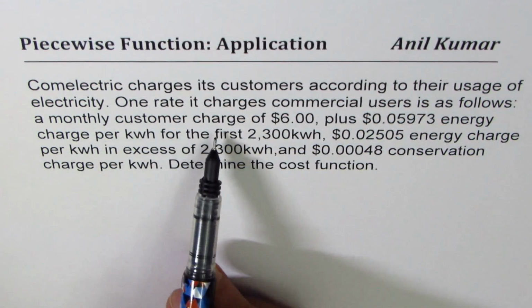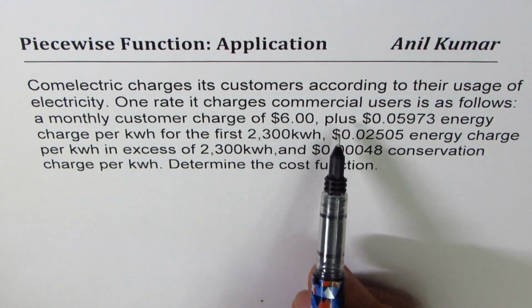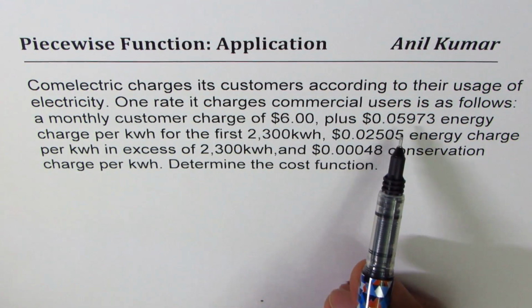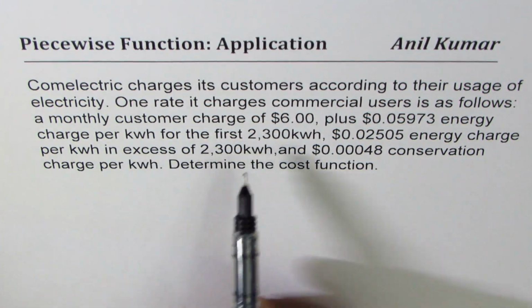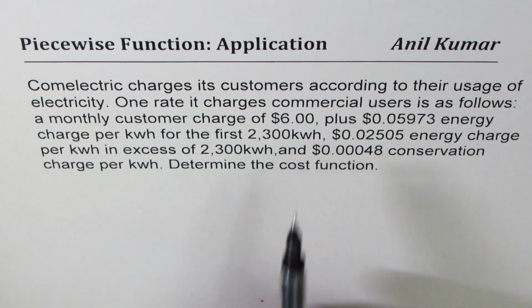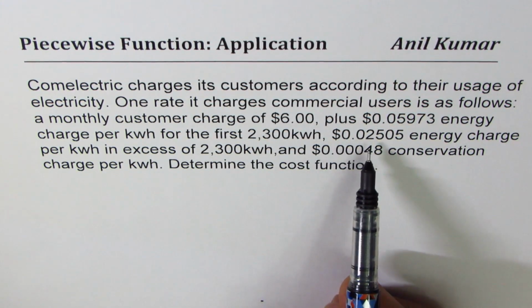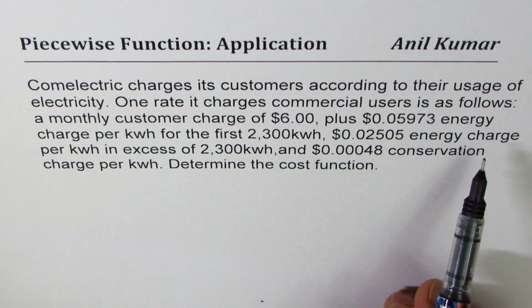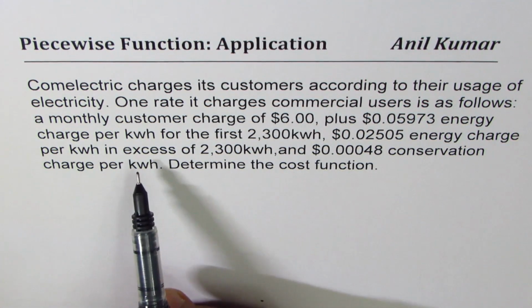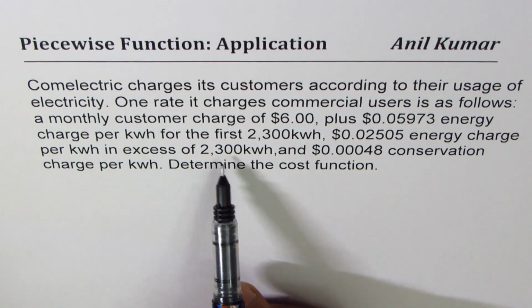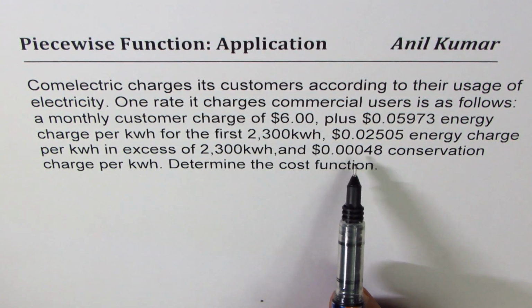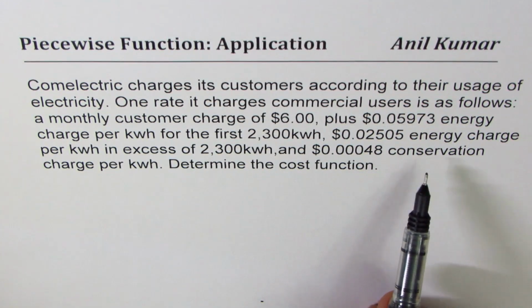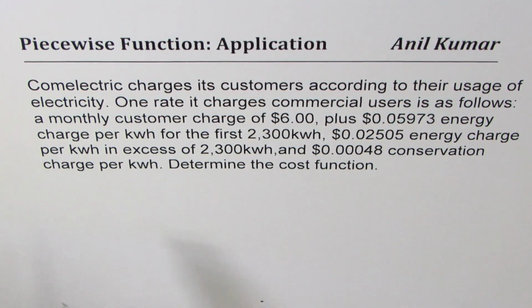A monthly customer charge of $6 plus $0.05973 energy charge per kilowatt for the first 2300 kilowatts, $0.02505 energy charge per kilowatt in excess of 2300 kilowatts, and $0.00048 conservation charge per kilowatt. Determine the cost function.